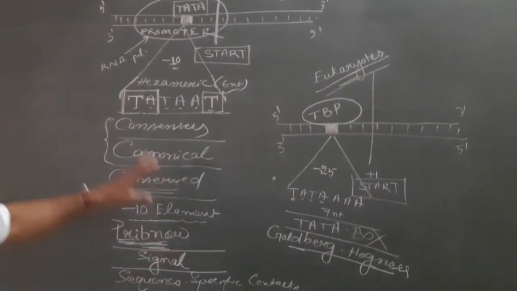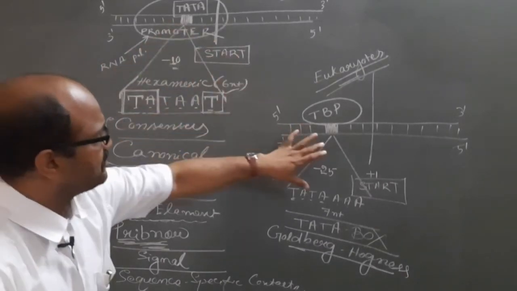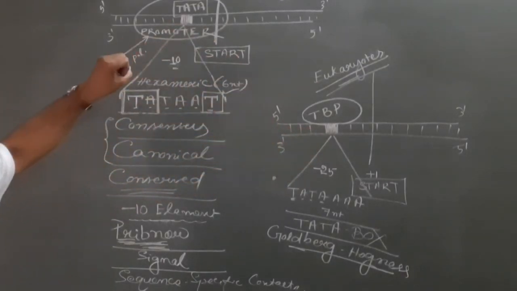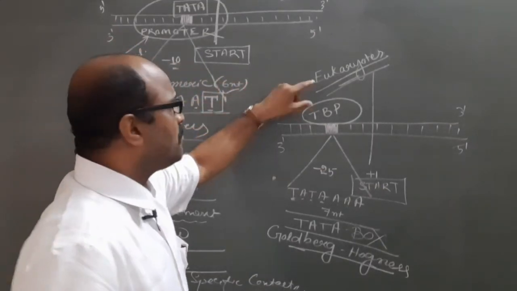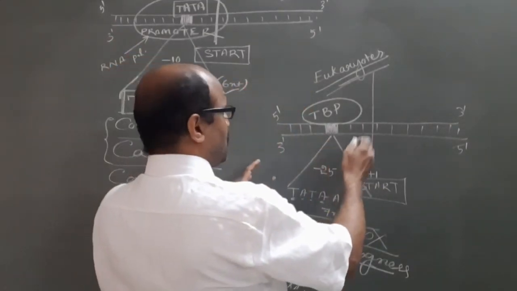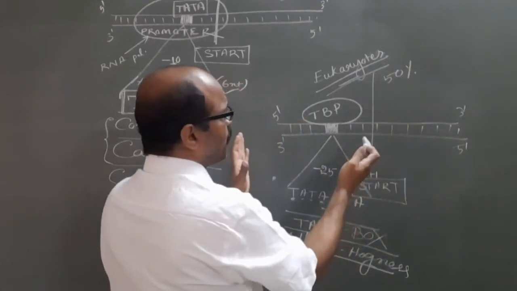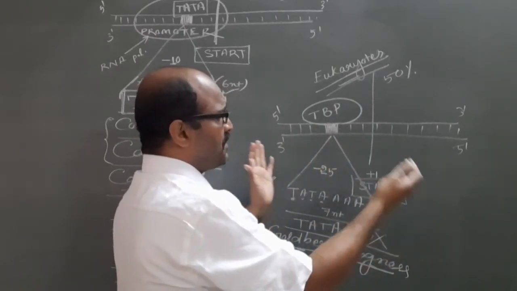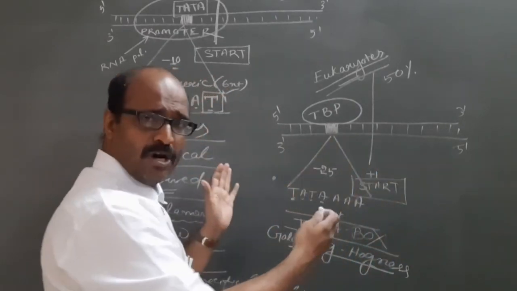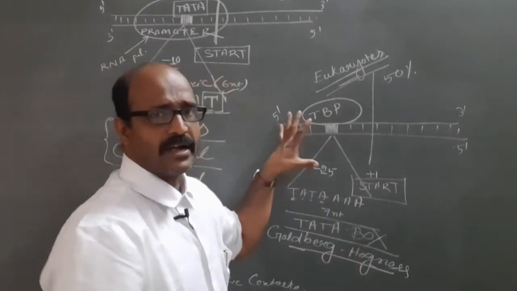So this is all about the TATA box. It is very important. Why is it important? Because it contains the sequences, and in eukaryotes, in about 50% or more than 50% of promoter regions, there is no TATA box.